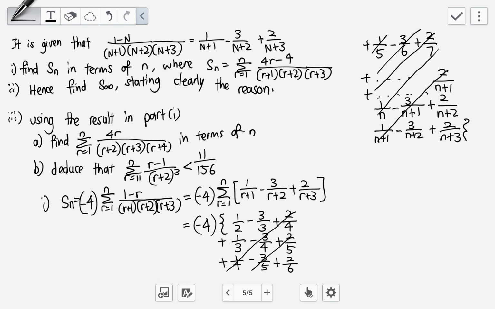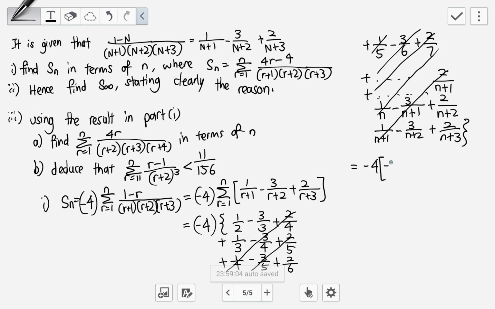So now I must not forget that minus 4 multiplies to the entire thing. So here half minus 1 is just minus half. Minus half plus 1/3 would give me, using the calculator, half minus 1 plus 1 divided by 3, then change to fraction, minus 1 over 6.